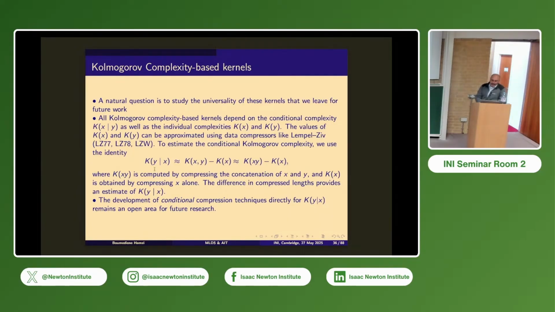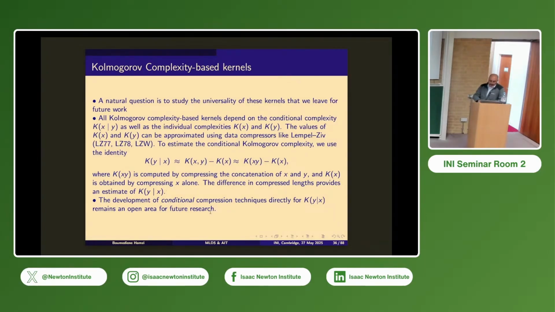To use this existing software, we approximated K(y given x) by K(xy), the expanded sequence, minus K(x). But finding compressors that are related to relative Kolmogorov complexity is still an open problem, and it is also worth exploring.